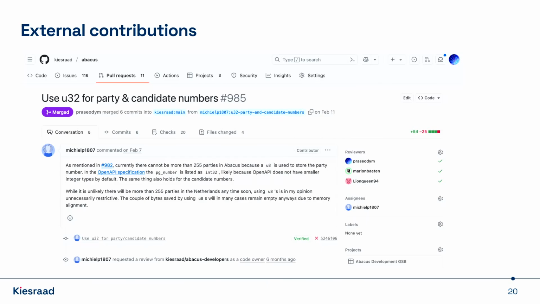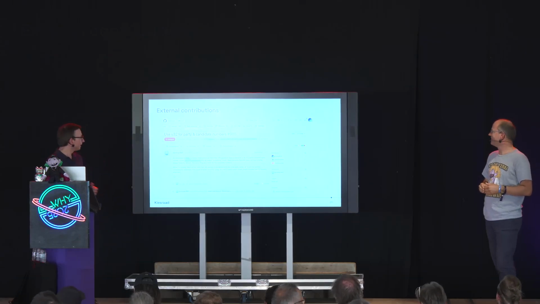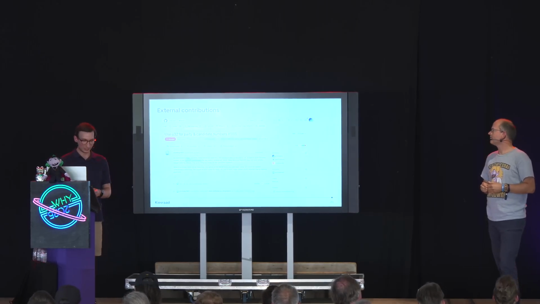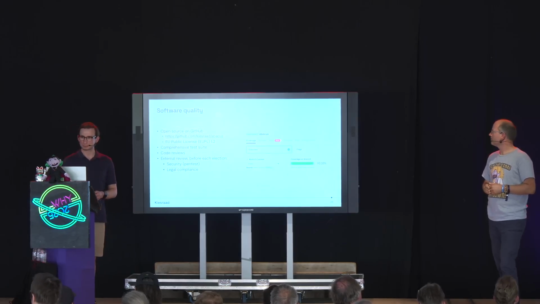So we changed it from an 8-bit unsigned integer supporting 256 parties to a 32-bit unsigned integer, which should support 4.2 billion parties. Should be enough for the coming years. But it's an example of how we do accept external contributions. You do have to sign a CLA, but other than that, welcome to make a pull request.